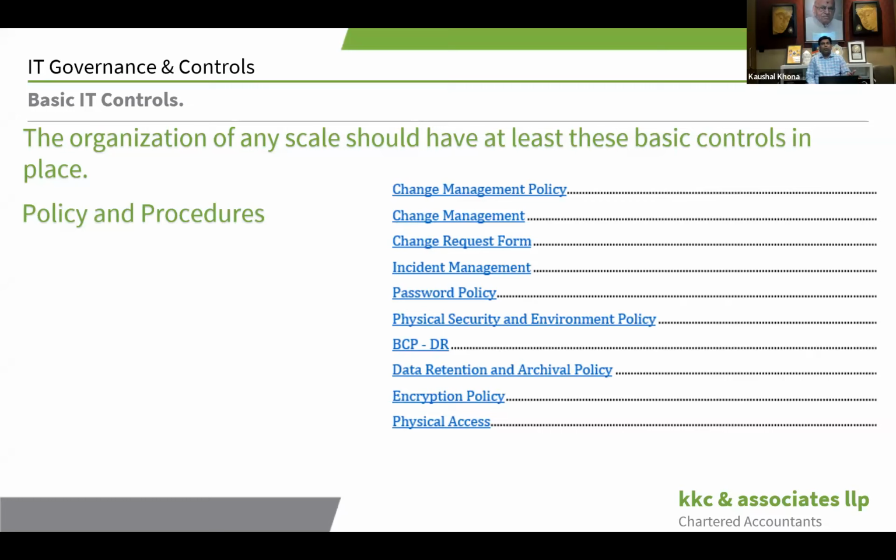Say when you are upgrading your accounting software, you need to first put in a request to the decision making authority that we need to change this software for so and so reason. Then you need to obtain quotes from the vendors who are going to do those changes for you. Once everything is approved, then you test those changes in a test environment, to check whether your actual data is getting reflected the same way you intend.